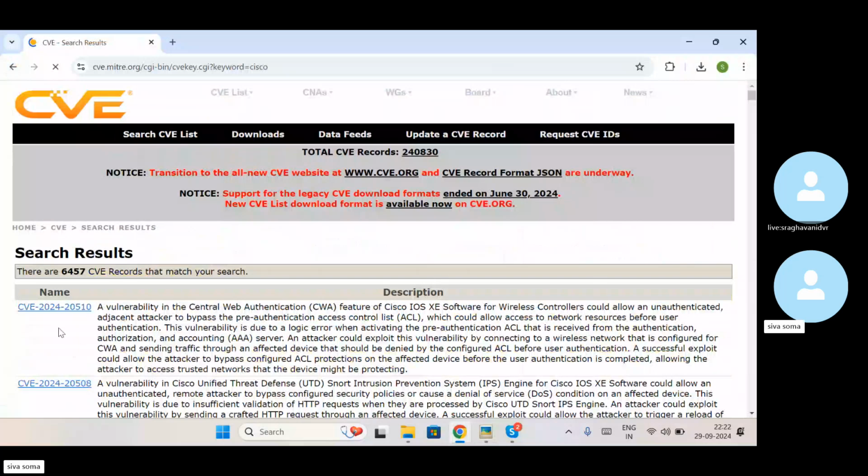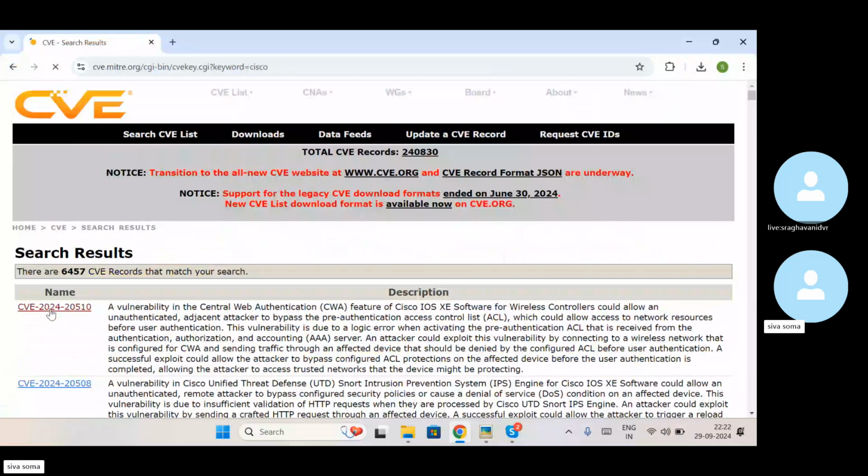This is the CVE, 2024-20510 is the number.